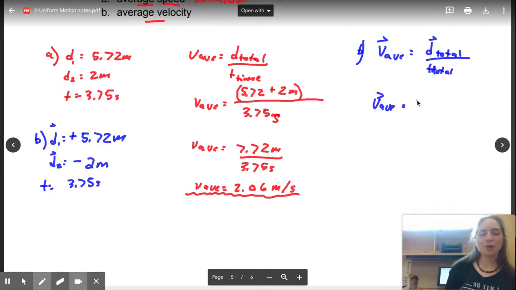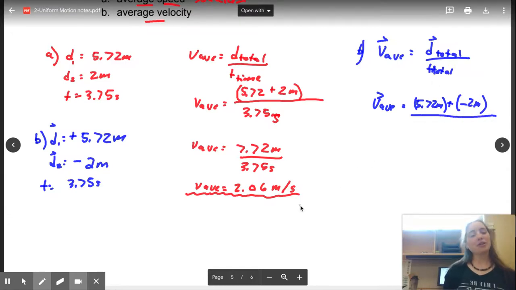So we've got 5.72 meters plus negative 2 meters. All right? You've got to remember that negative. That's going to become important as soon as we get into displacement and velocity. Then the time is going to be the same. Time is never negative. Time is scalar.